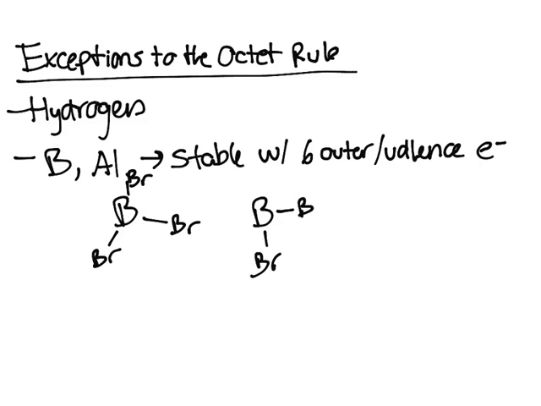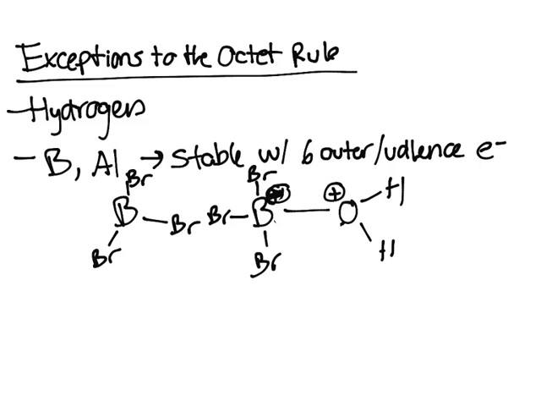It could have 4 bromines coming off of it, and this would give it a positive charge. And then you could have it bonded to an oxygen, H, this would actually be a negative charge, this would be a positive charge. And so this could be another molecule. Boron can still have an octet.